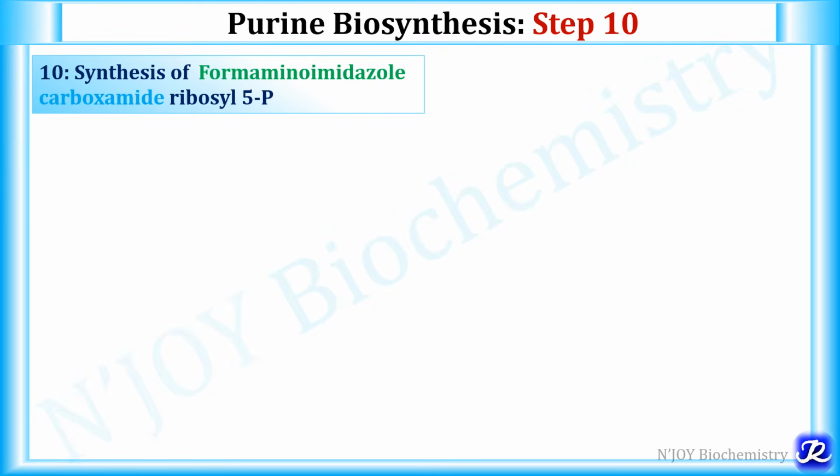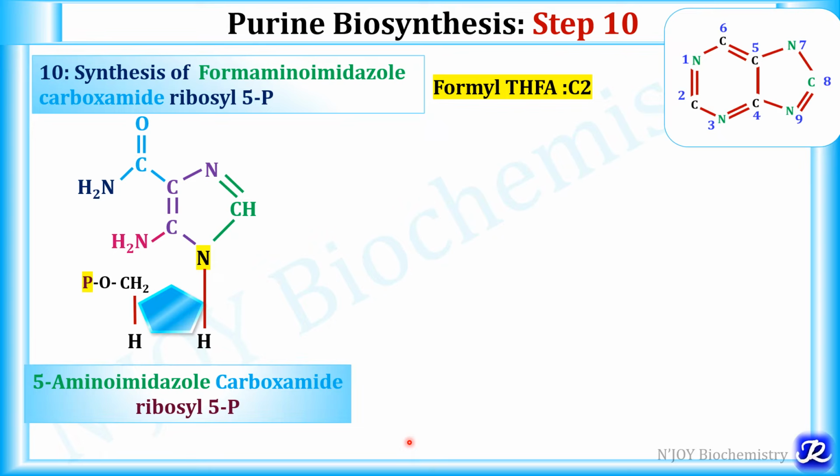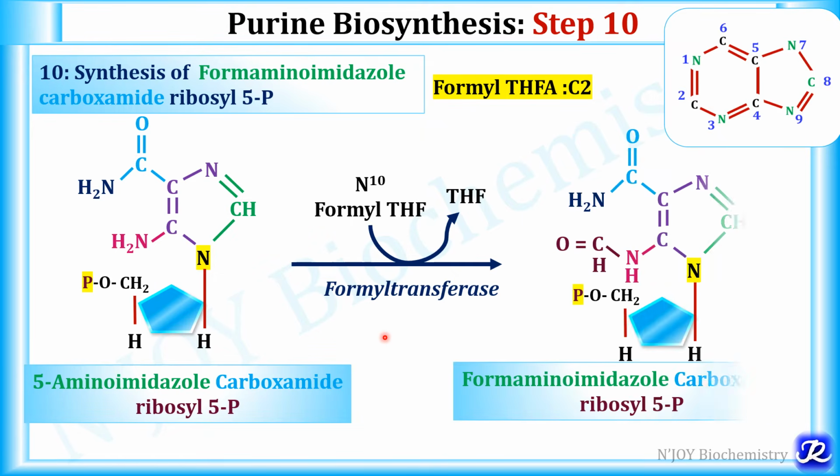Step number 10 is synthesis of formamido imidazole carboxamide ribosyl 5-phosphate. The formate group is transferred here by tetrahydrofolic acid, and it is responsible for contribution of carbon number 2. From this amino imidazole carboxamide ribosyl 5-phosphate, there is transfer of the formyl group from N10 formyl tetrahydrofolate by the enzyme formyl transferase, because there is transfer of a formyl group, that's why the enzyme is formyl transferase.